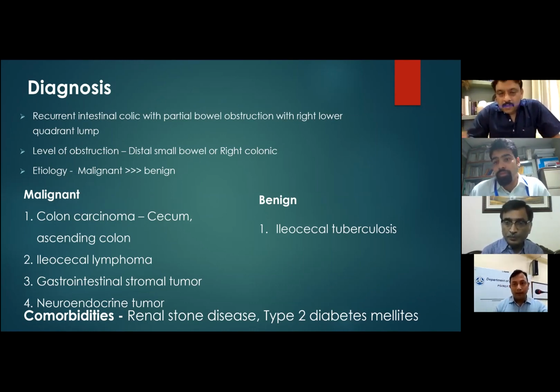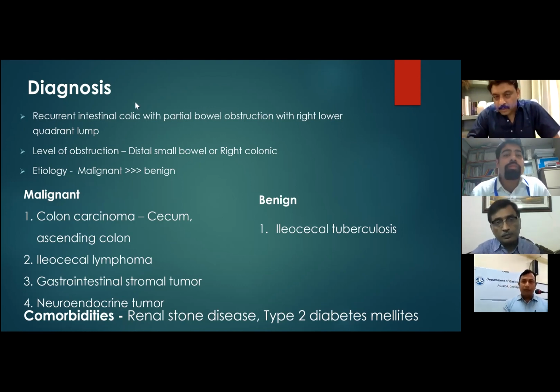One thing, Arup, I wanted to ask: do we need to keep recurrent intestinal colic with partial intestinal obstruction, or just recurrent partial intestinal obstruction as a diagnosis? Usually with partial obstruction, it presents as intestinal colic.